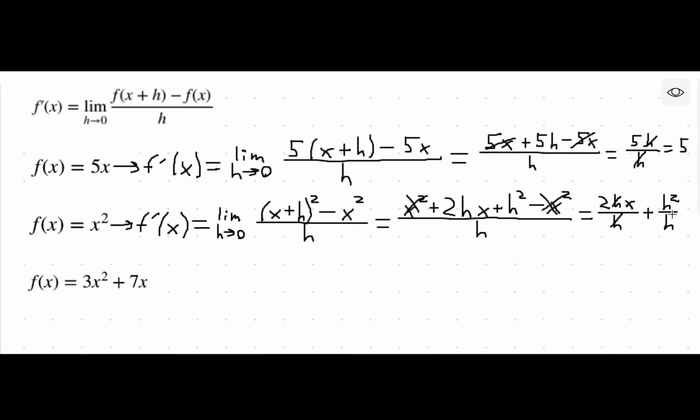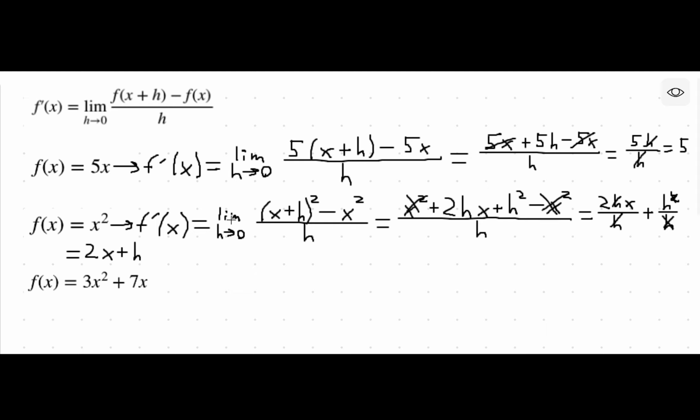And then if I look at the second term, I have h squared over h. So the h squared becomes an h, and the h on the bottom cancels out. What I have now is 2x for the first term, and then plus h for the second term.